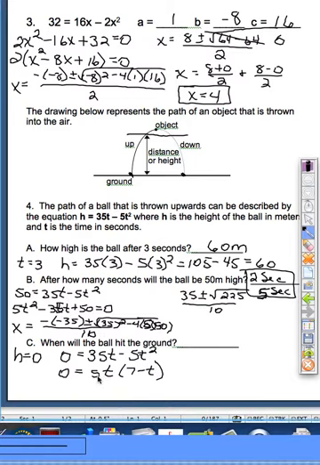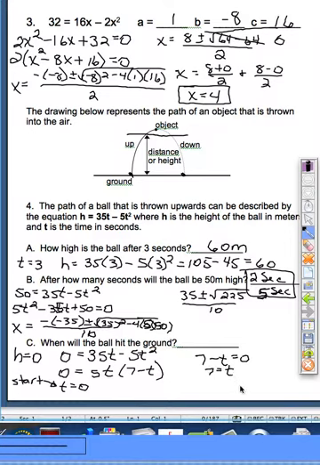All right, so 5t equals 0, so one of the t's is 0. That's the starting point where it starts on the ground at t equals 0 seconds. The ending point: 7 minus t equals 0, so 7 equals t.